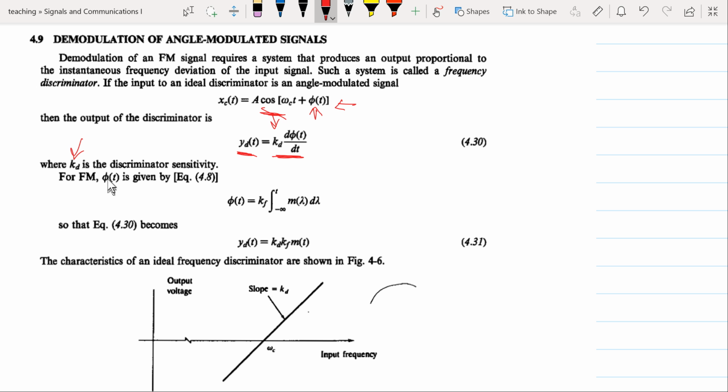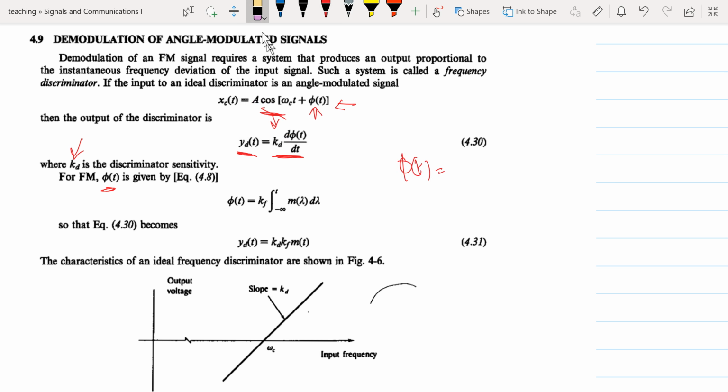For FM and PM, we already have two versions. For FM to start with, consider that phi of t is given by equation 4.8.